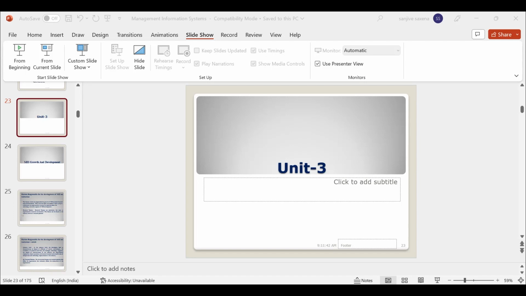How it is going to influence, I will just explain. For example, there are organizations where the culture is like command and control. That means it is one person who has to take decisions, and in that type of organization it is very difficult to implement MIS, right?